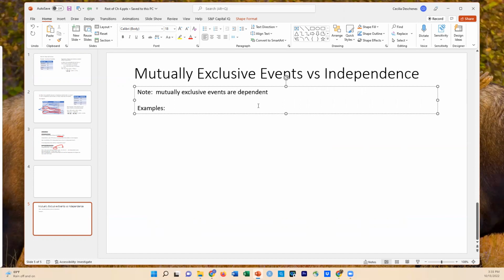Let me just start out with an example. Consider a coin toss. The events are heads or tails, and they are mutually exclusive.